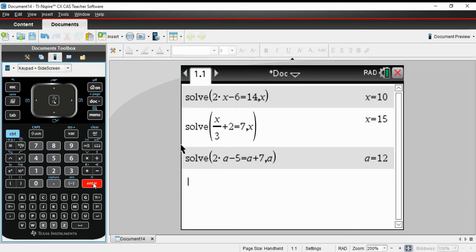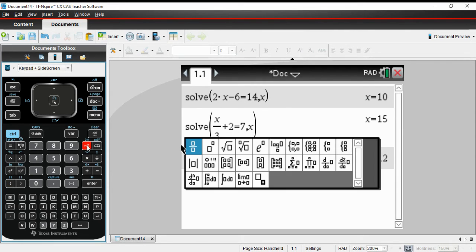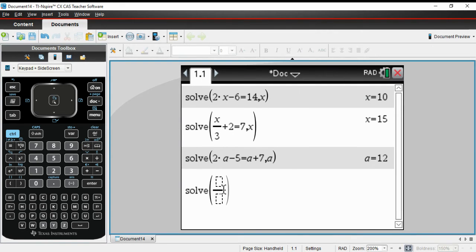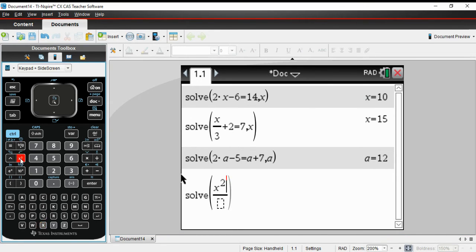And our final equation: popped in the word solve, popped a bracket in there. My mouse hasn't moved yet. And our final equation is x squared minus 13 all over 18 equals 2. So back to my fraction button in here, press my fraction button, and I can type in x squared.